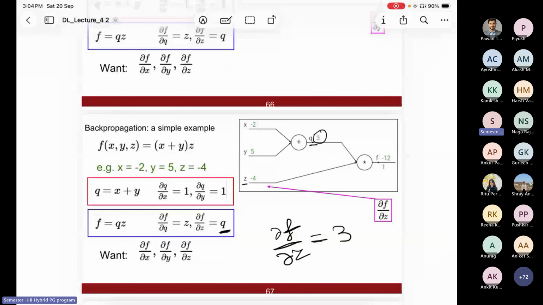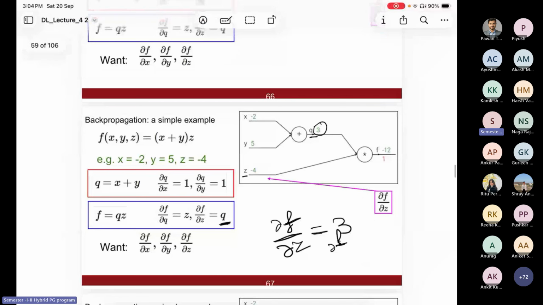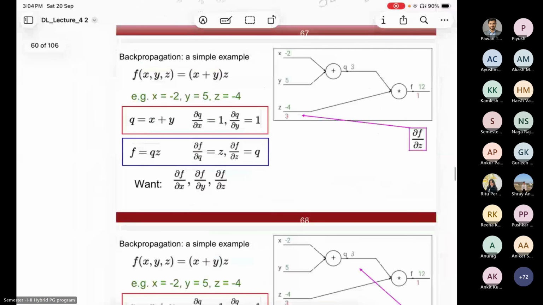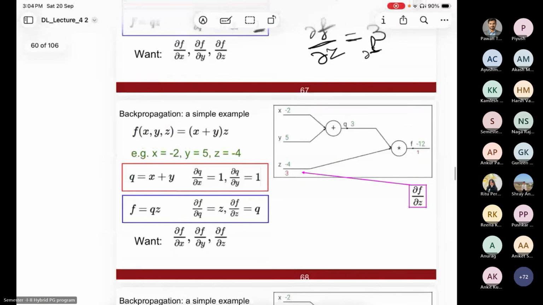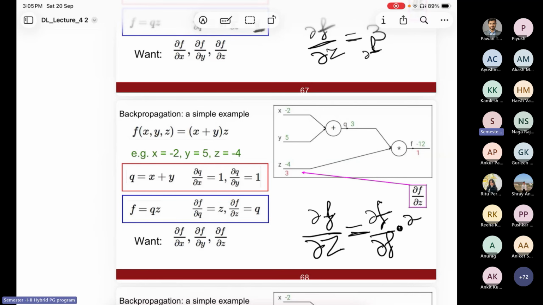You can also write del f by del z equal to del f by del f into del f by del z.